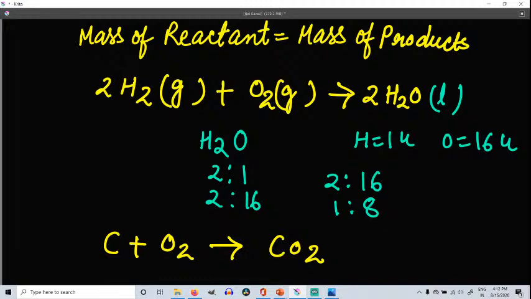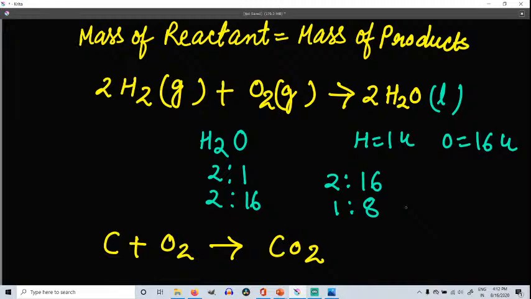Suppose it is 6 gram, then no reaction is going to take place. Why? Because there is a definite proportion by mass. Whenever elements combine with each other to form a particular kind of product, they always combine in a fixed proportion by mass.